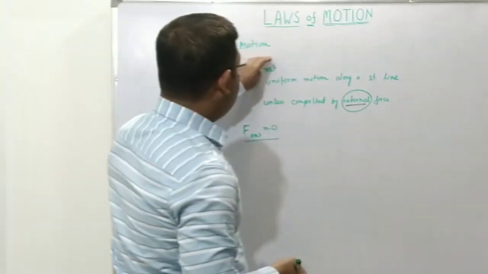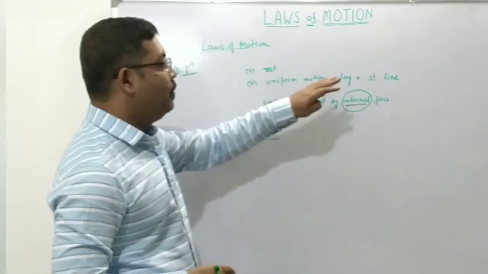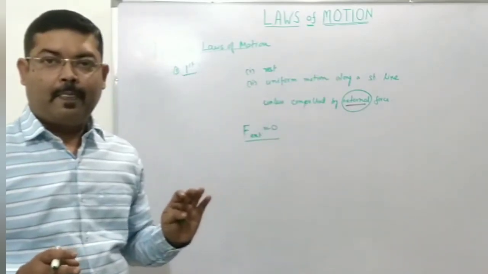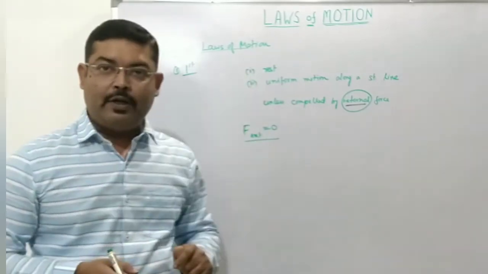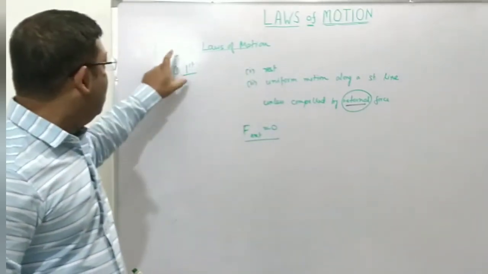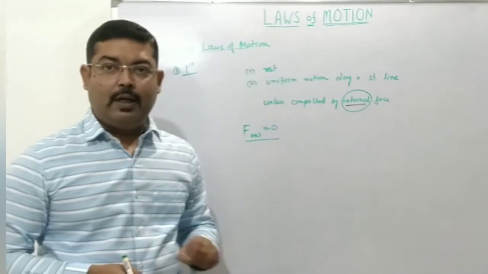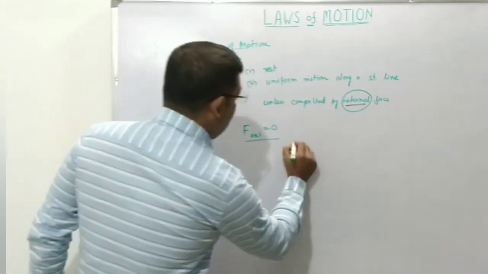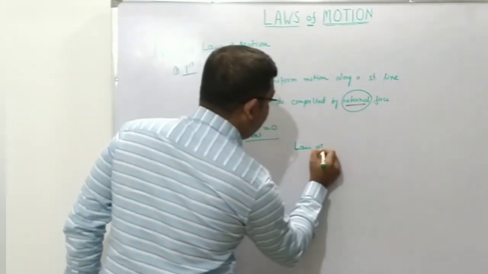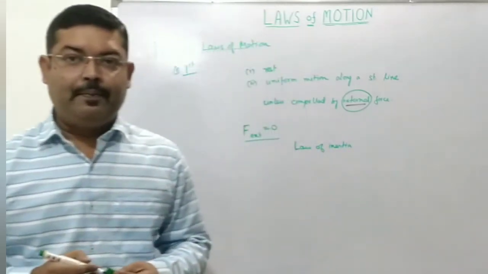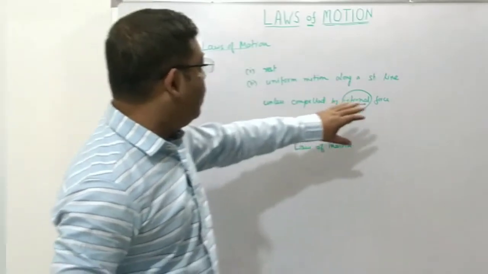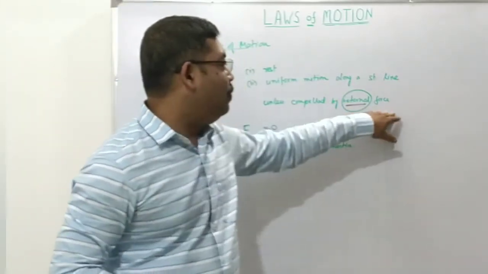The object will continue its state of rest or of uniform motion, as its tendency is, as given by the law of inertia. So Newton's first law of motion is nothing but the law of inertia, stated in a different way, by emphasizing the importance of external force.